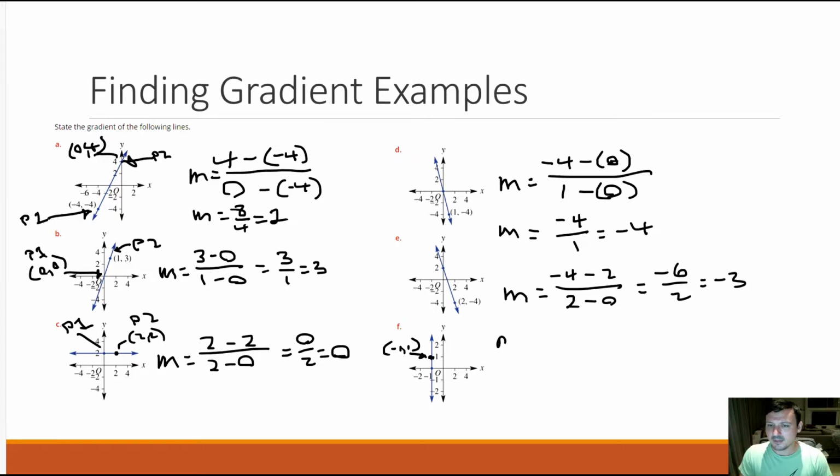So we'll have m equals 0 minus, so y2, which is 0, minus y1, which is 1, over x2, which is negative 1, minus x1, which is negative 1. And what we get here is negative 1 plus 1, which is 0. We can't divide by 0, so therefore it is undefined.